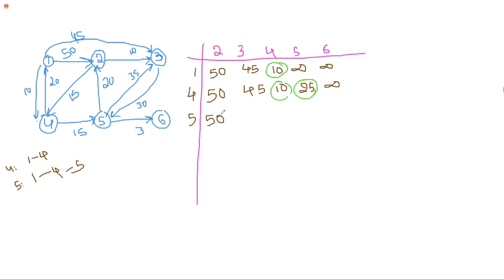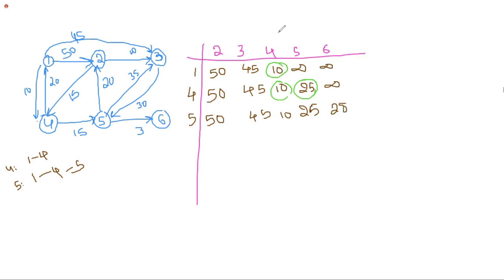Next 45. 10. 25. Here 45, 10, 25, there is no change. Can we reach 6? 28. 10 plus 15, 25, 25 plus 3, which is 28.